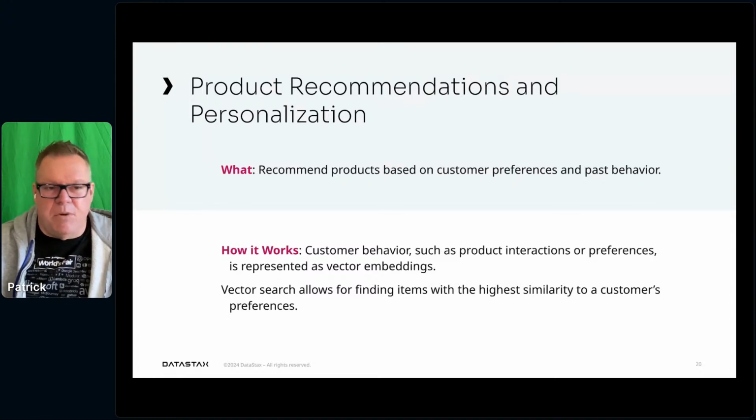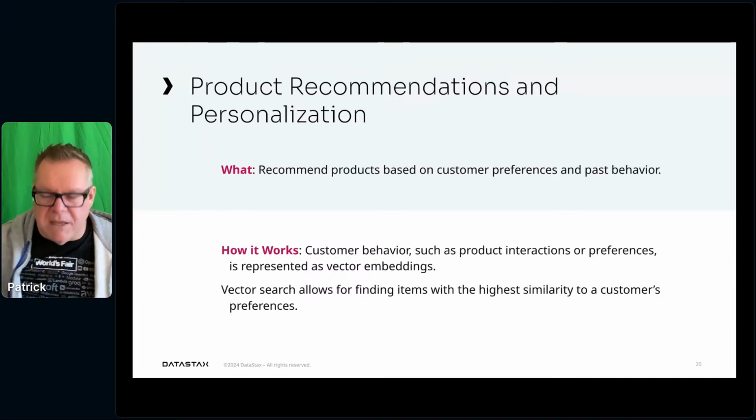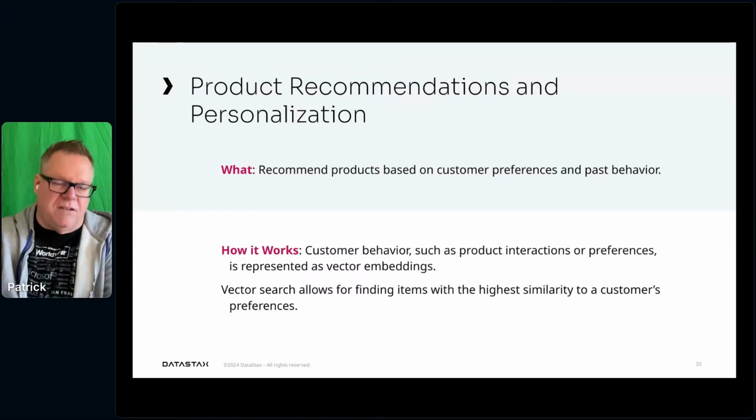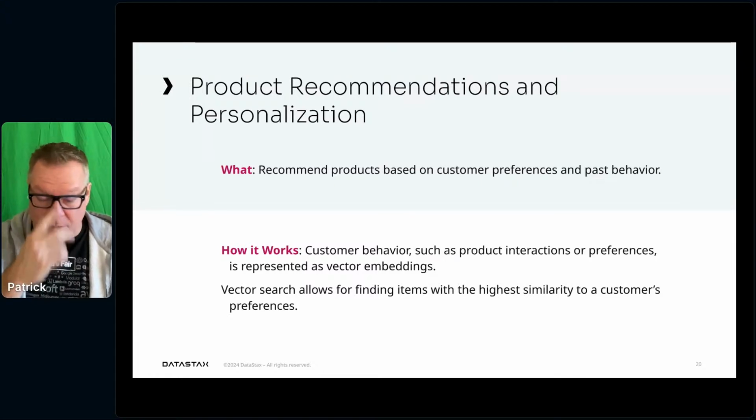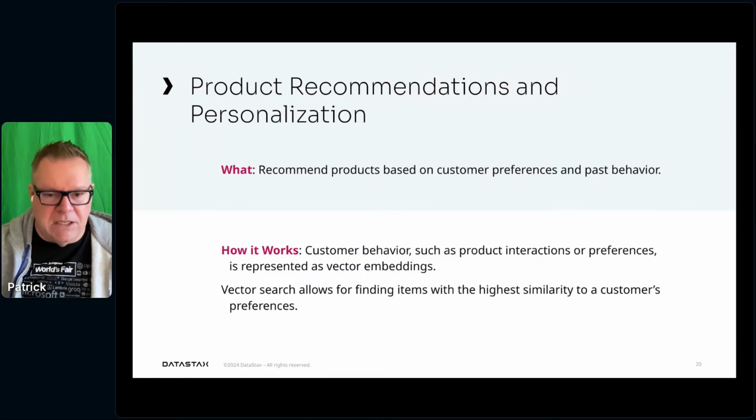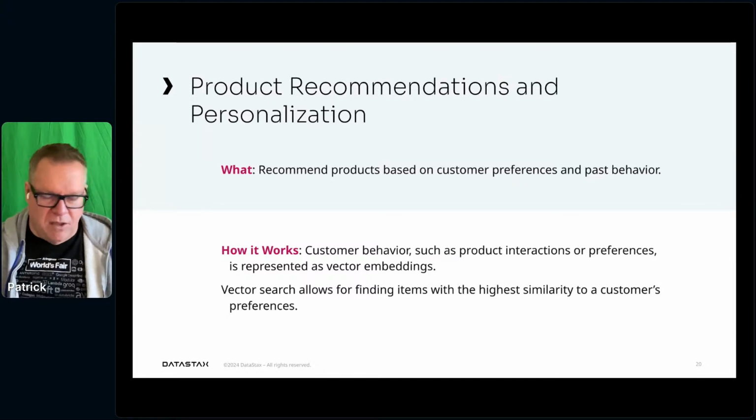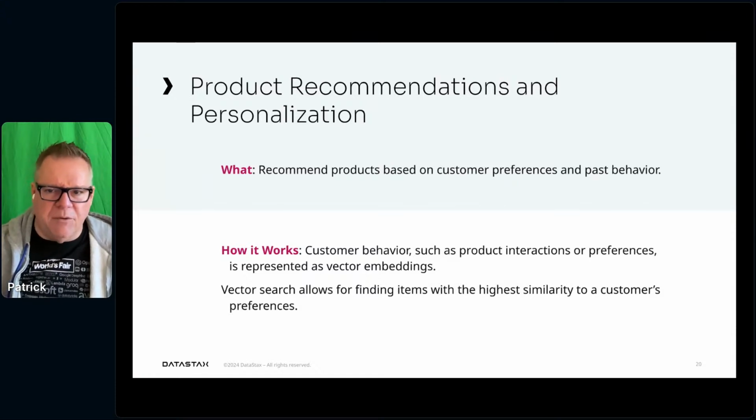So personalized recommendations, it's recommending products based on the vectors. And we even have some example code out there. Aaron Plotz, who works here at DataStax, has done some stuff on building product recommendations using Java and Cassandra's vector search. It works really well. And we're seeing a lot of the retailers doing that as well.